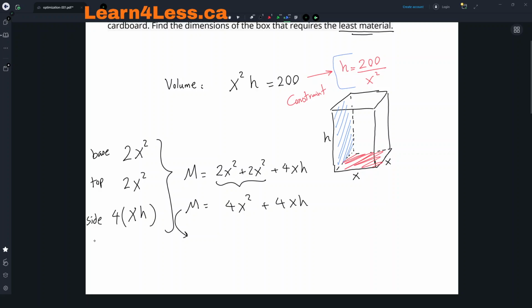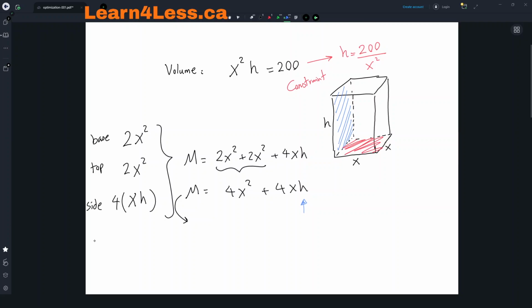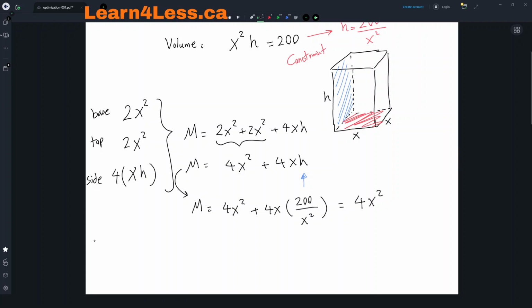Now that I know h is equal to 200 over x squared, I can plug that into my material function, my objective function, and it helps me reduce the number of variables. So I have material equal to 4x squared plus 4x times h, which in this case is 200 over x squared, which simplifies that to 4x squared.